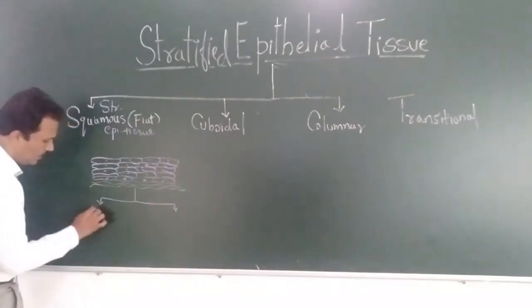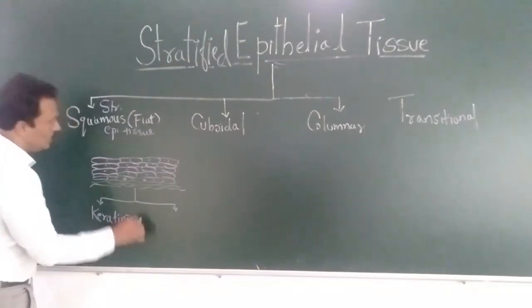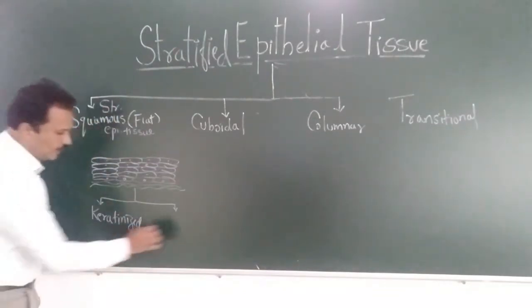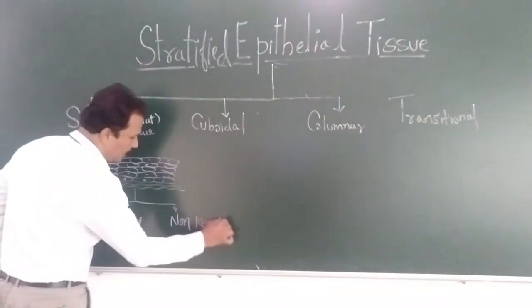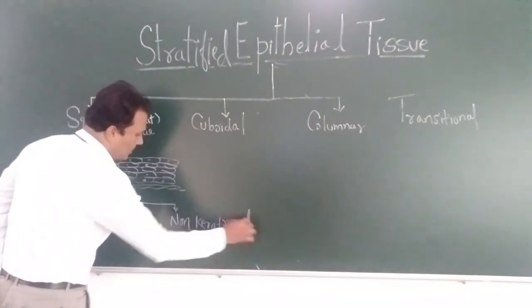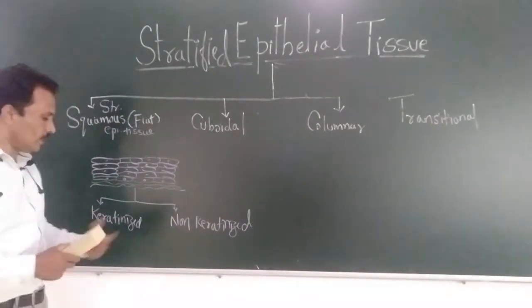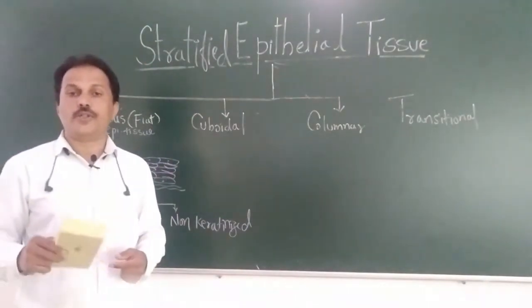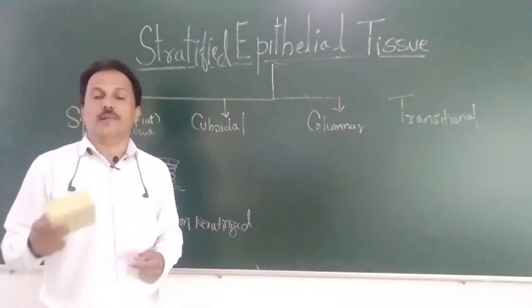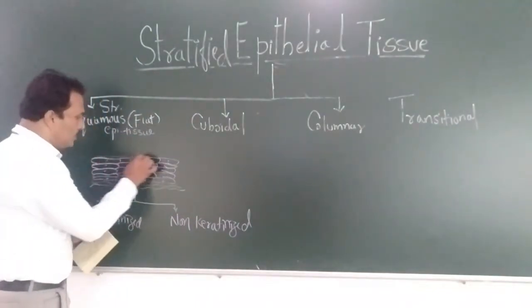One is keratinized stratified squamous epithelial and the other is non-keratinized stratified squamous epithelial tissue. This classification is based on the deposition of a protein known as keratin on the layer of this epithelial tissue.